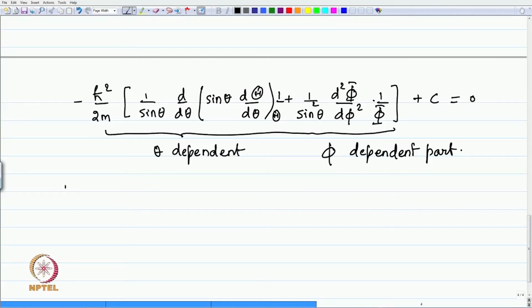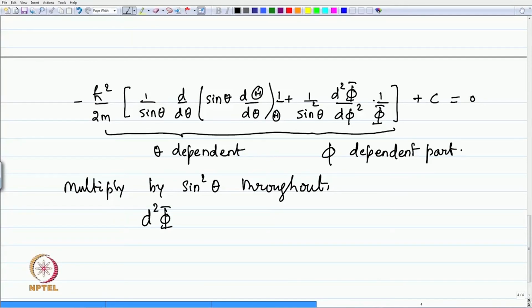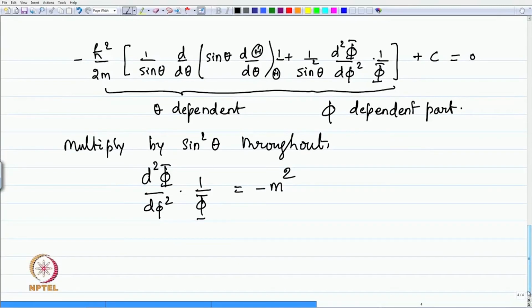When you multiply by sin square theta throughout, and equate the term d square phi by d phi square times 1 by phi to some constant, which by recognition of the particle in a ring problem we would equate to minus m square, then the other term will be equal to plus m square. So, this is the phi dependent equation.